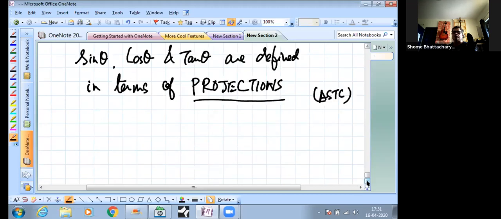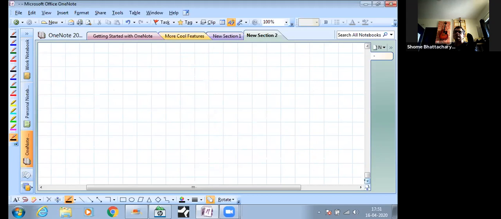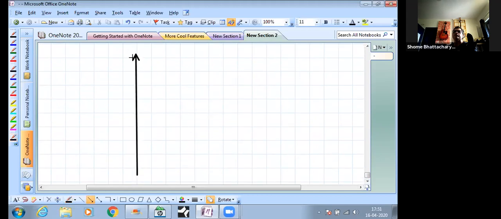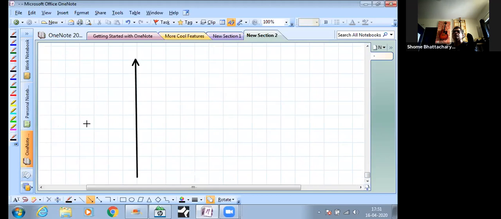So first of all, we now define angle in a different way. We don't define the angle in terms of a right angle triangle. We define angle in such a way that it is nothing but the angle with respect to my xy coordinate frame. So this is my xy coordinate system.